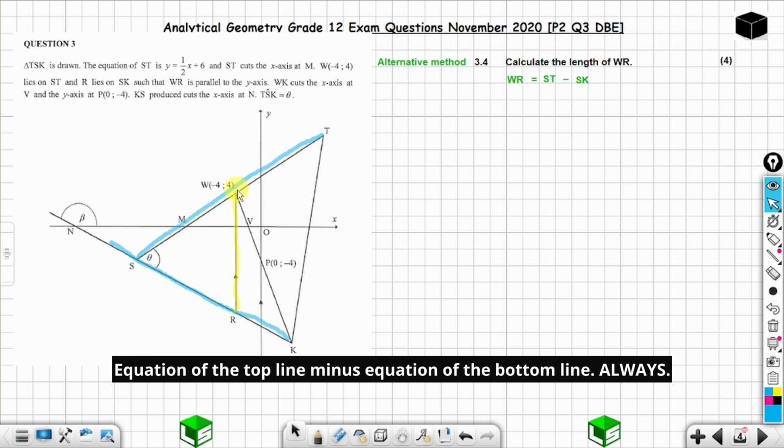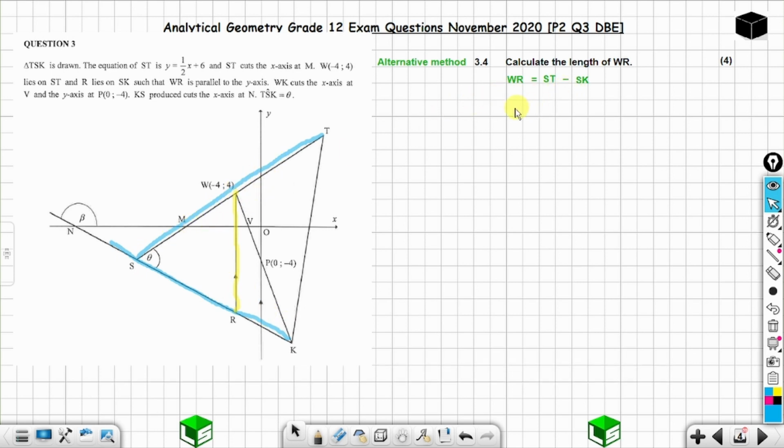You're going to do this. So WR is equal to the equation of ST. ST is given, minus the equation of SK. Remember the equation of SK is this, from the previous question. Make sure you put it inside the bracket because the minus is going to affect everything inside the bracket.